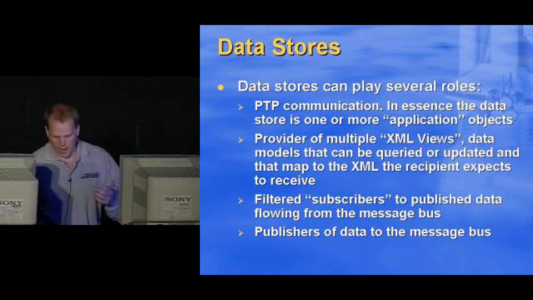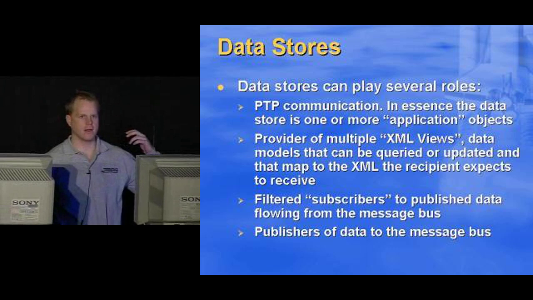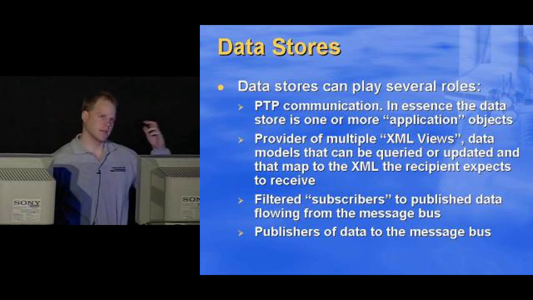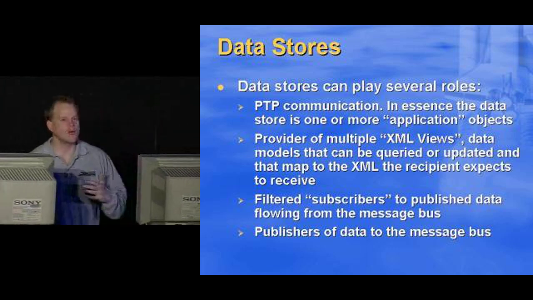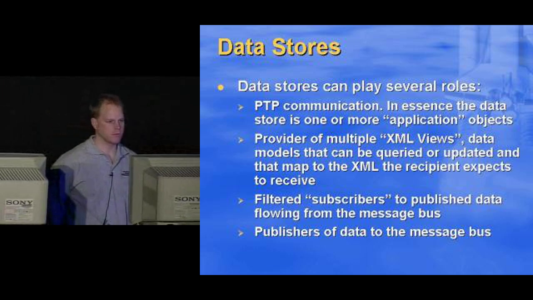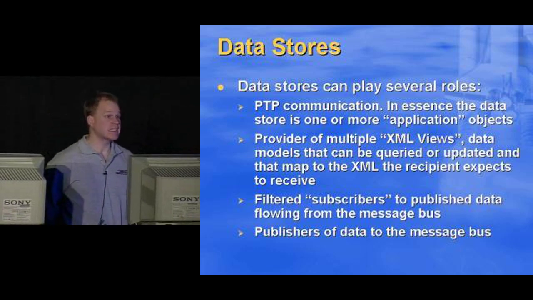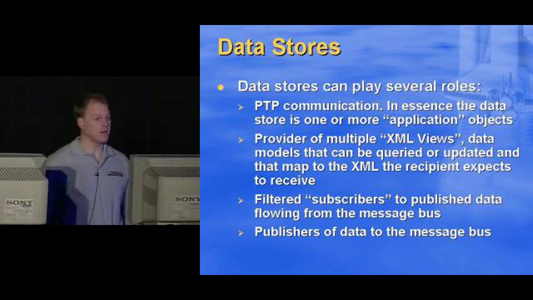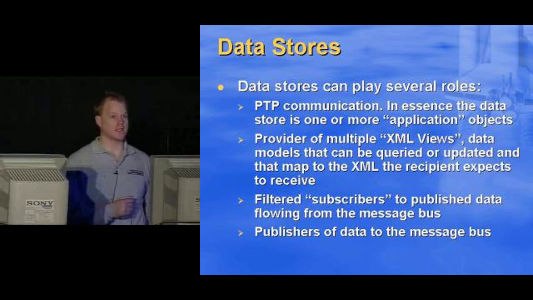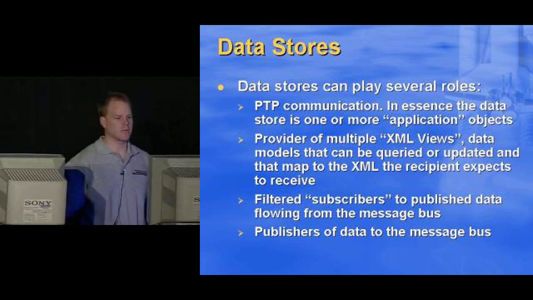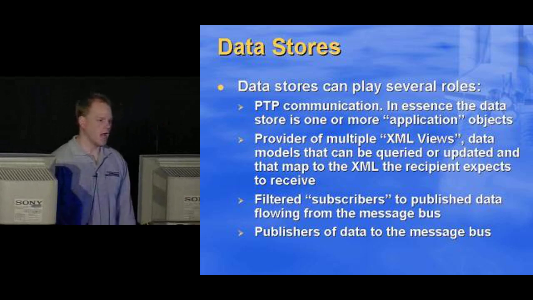So the data stores are going to play a couple key roles in the message service moving forward. First off, they need to have point-to-point communication. So I need to be able to make a request on this side and have a response for that request on the other side.